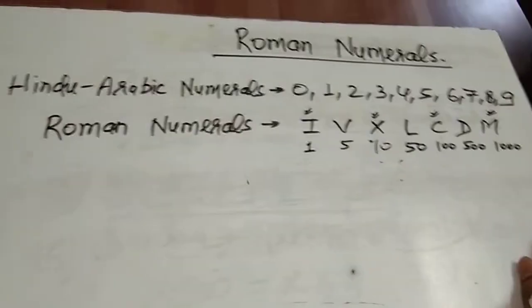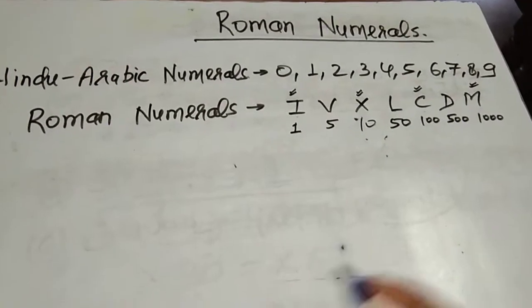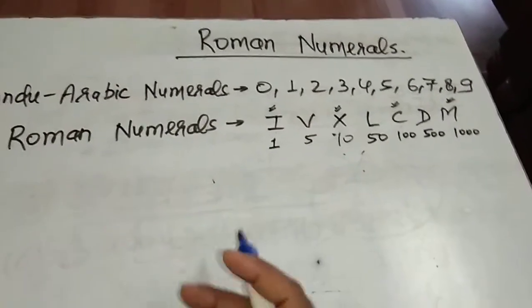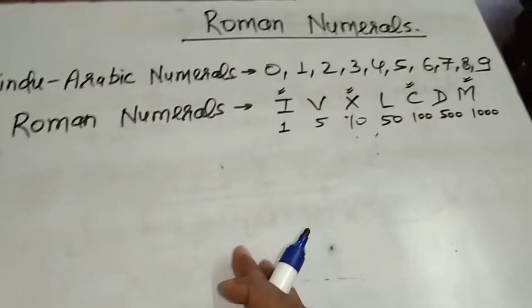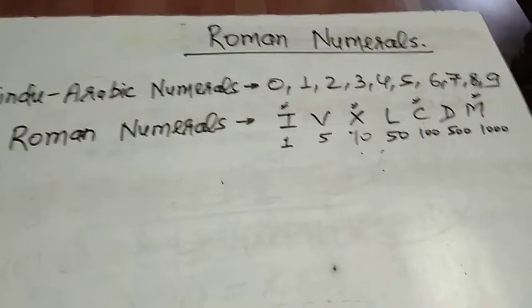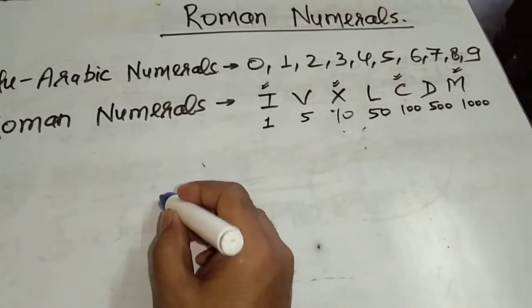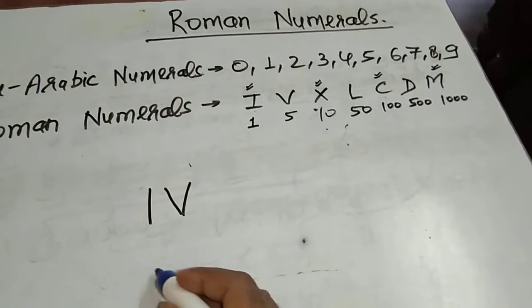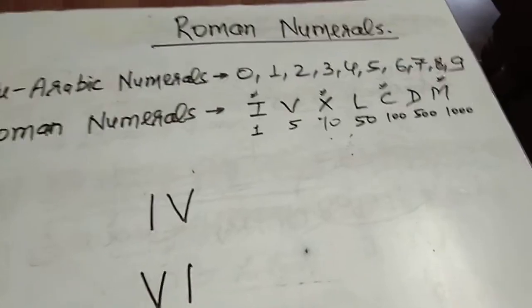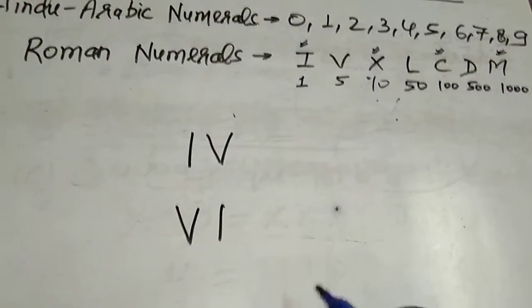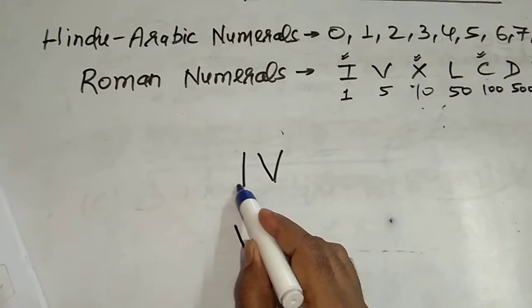Now another rule is, if we write two different symbols together, how can we find their meaning? For example, I and V, then V and I. Listen carefully.